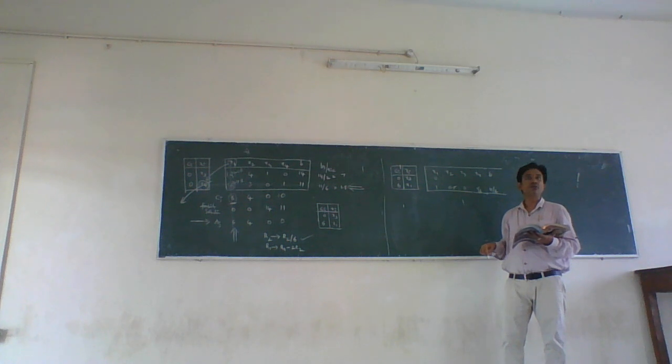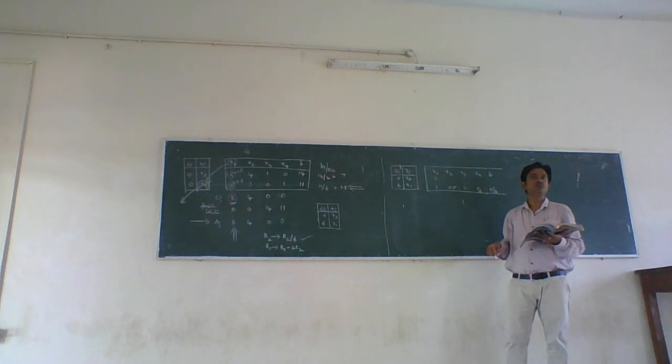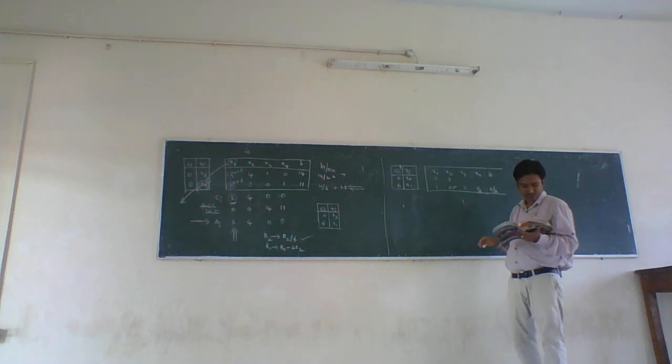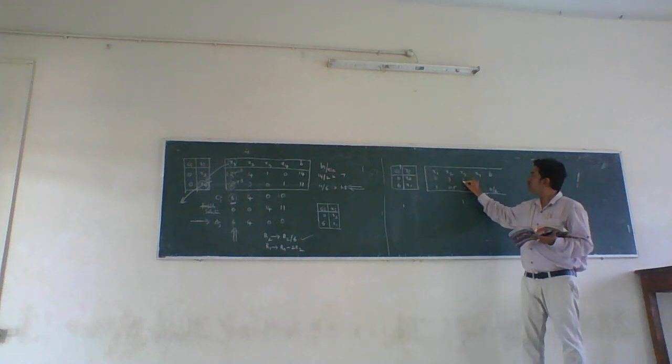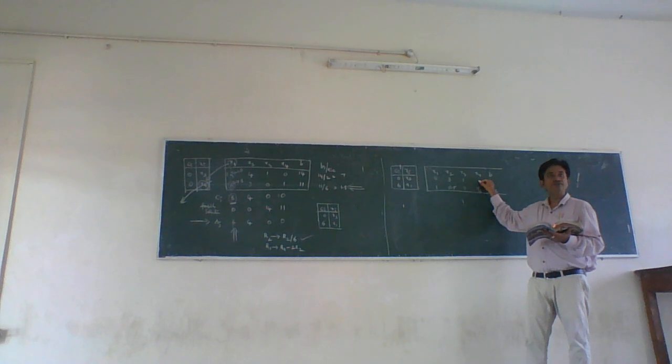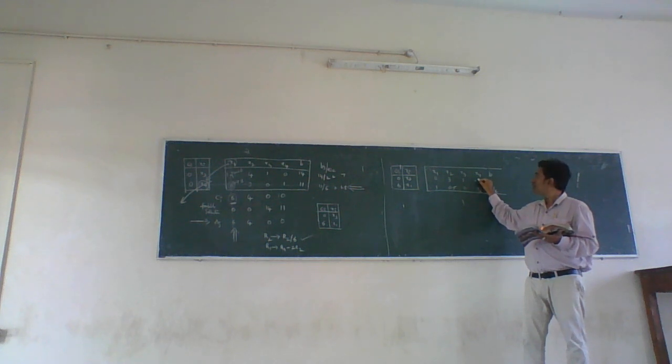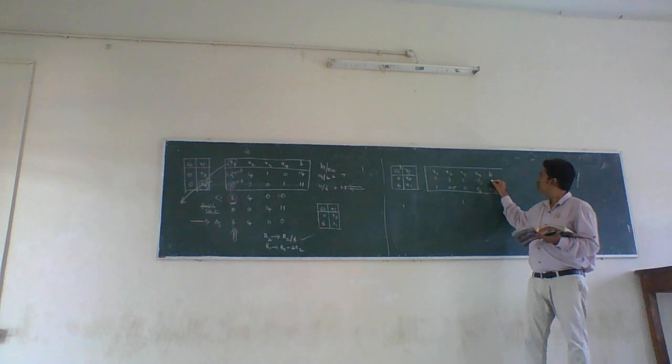Minus 2. 3, so this will be 3. Now what is this value? 1. What is this value? Minus 1 by 3. This value is 31 by 3.